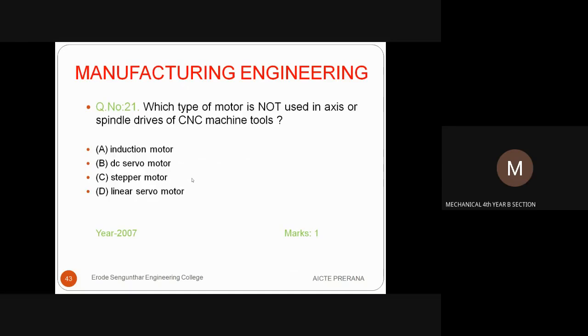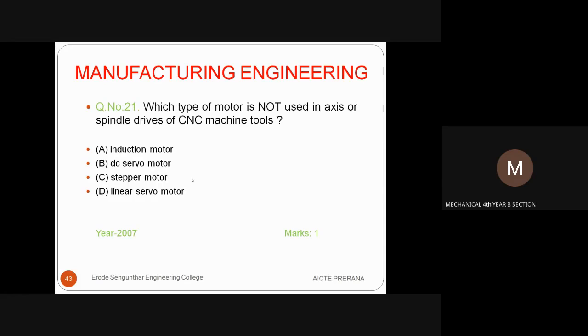Why I am concentrating only on stepper motor is that other than stepper motor, all the other options are continuous motors. Servo motor is capable of rotating in both clockwise and anti-clockwise direction, same as stepper motor. But the only difference is the stepper motor moves in step by step motion, whereas a linear servo motor is a continuous type motor. Even a DC servo motor is a continuous type motor, and an induction motor is also a continuous motor.